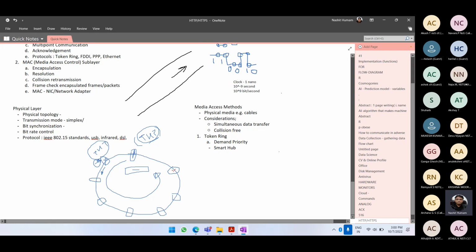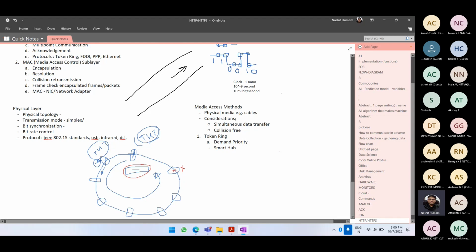As soon as that token reaches it, it will take this packet or this token from the network, and keep it with itself. Others will know that someone is going to transmit data since the token is not available on the network. So no one else will try to transmit its data.